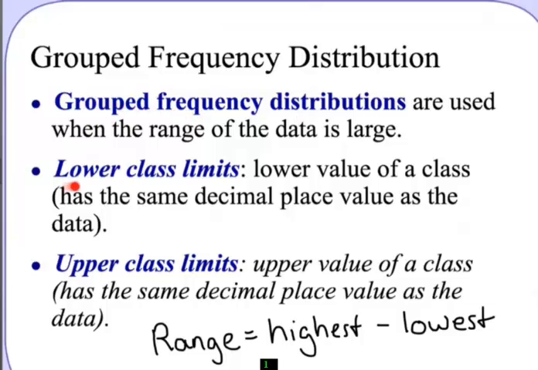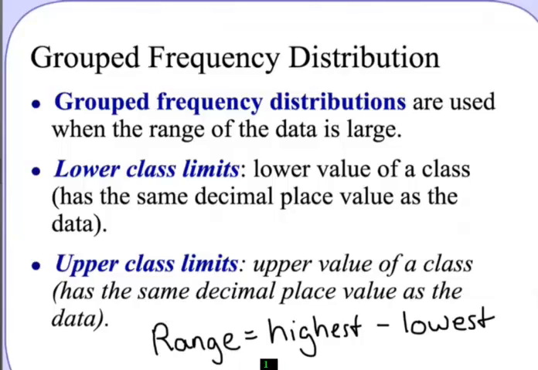We are going to have lower class limits and upper class limits. Lower class limits will be the lower value for that limit, and the upper class limits are obviously the upper values of the class. Both of those will have the same number of decimal places as the data originally starts with. So if we are talking about a person's age, age is usually given in whole years.